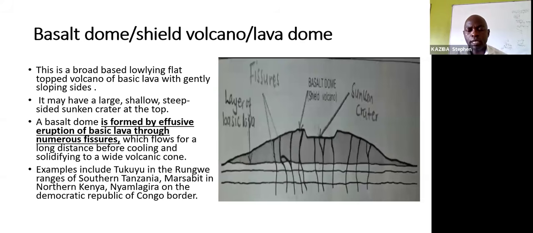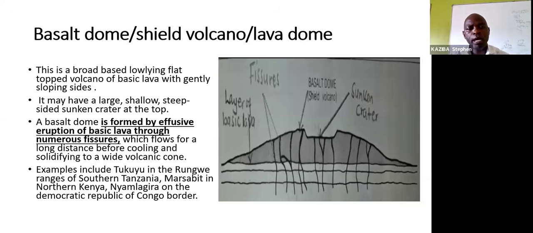So the material gets out quietly through fissures. And because it is basic, it is able to flow for a long distance before solidifying. And they form a wide cone. So how are we relating nature of material and nature of landforms? We're talking about a basic lava with gently sloping sides.